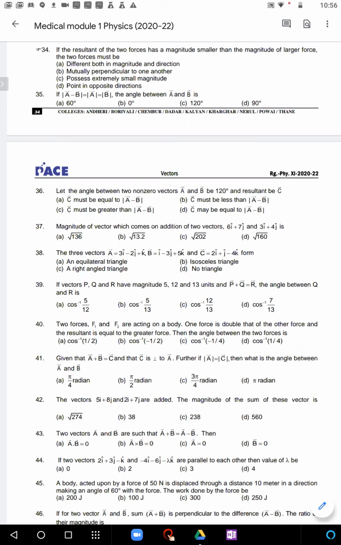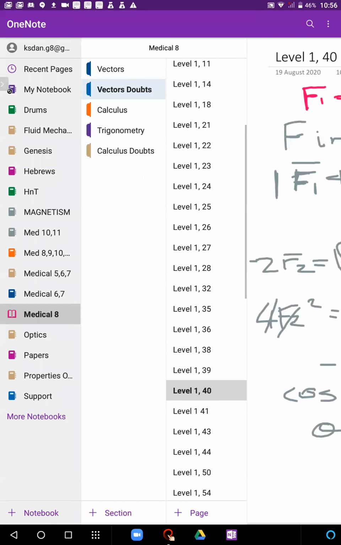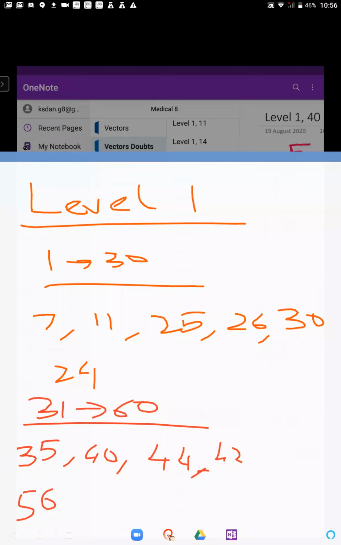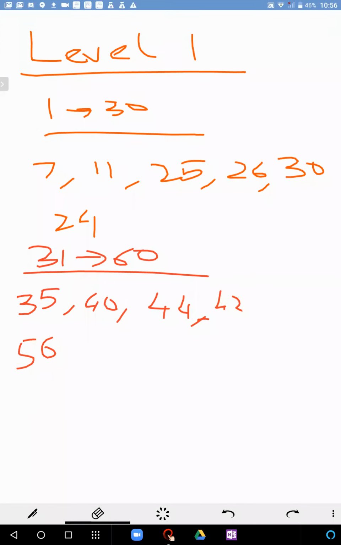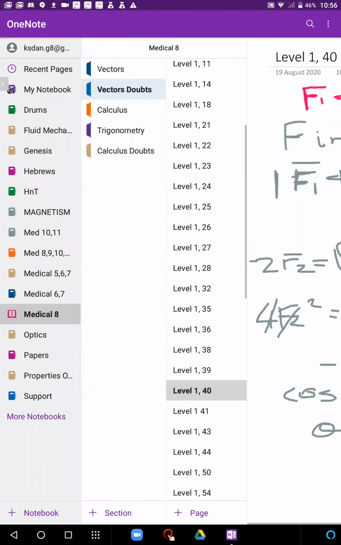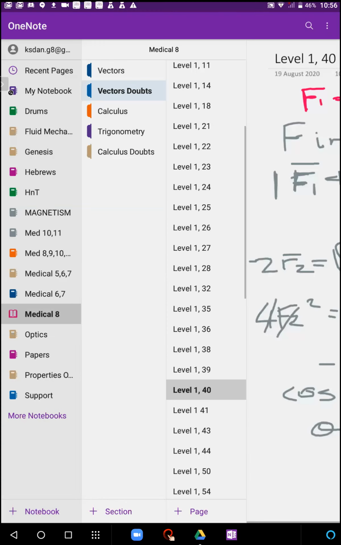It's very simple. 42. Just add them and apply Pythagoras theorem to get the magnitude. I hope whoever asked that understood what I was saying. I hope you are confident you can do it. If not, let me know.